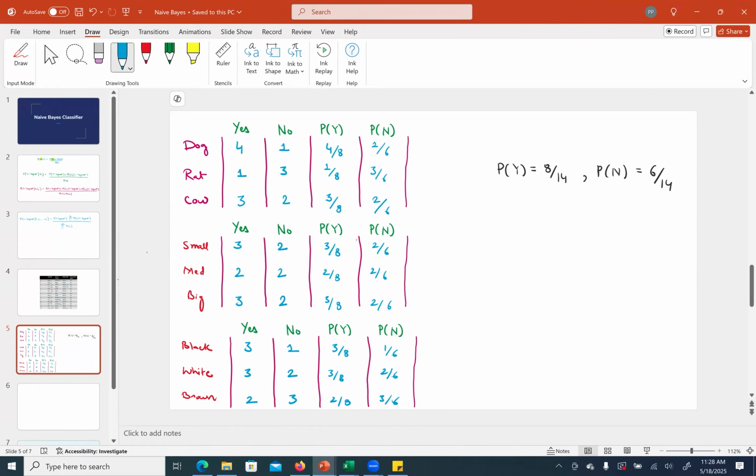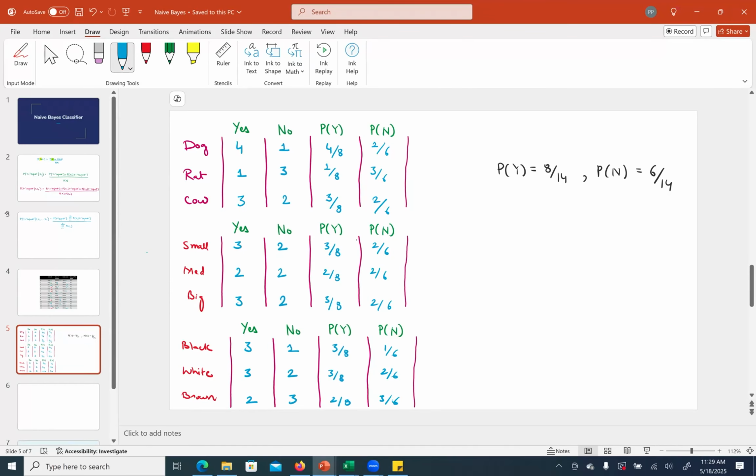Now once we have this table ready, if anyone gives me the type of animal, the size of the animal, and the color of the animal, then I can find the probability of whether I should be petting that animal or not.